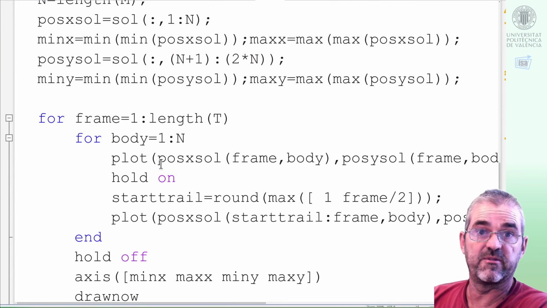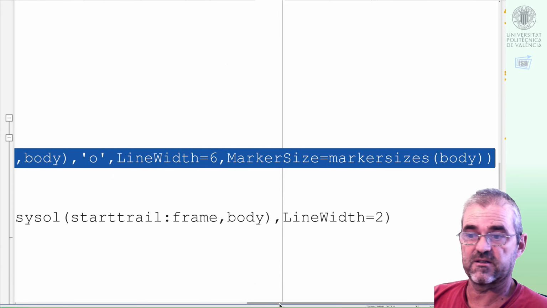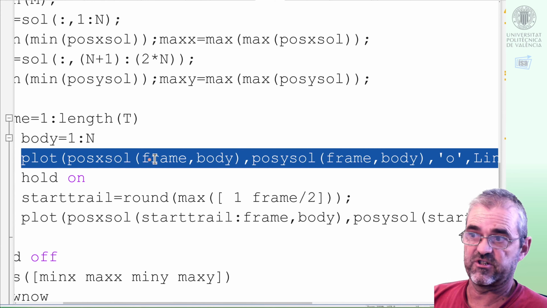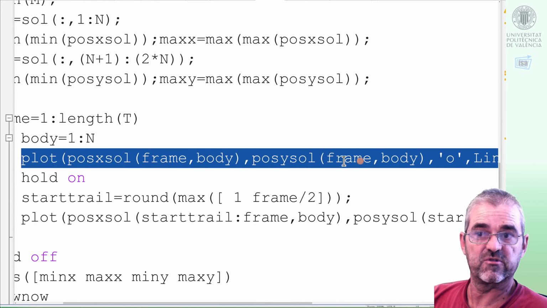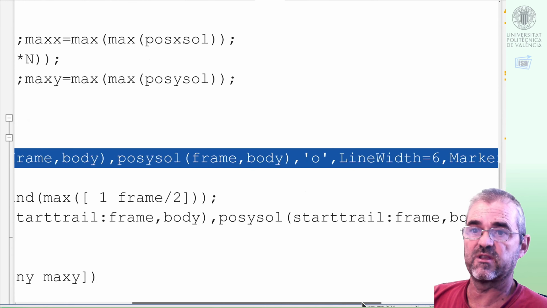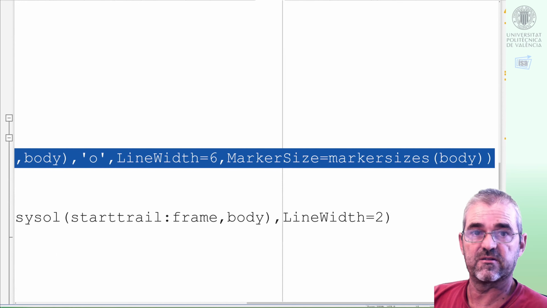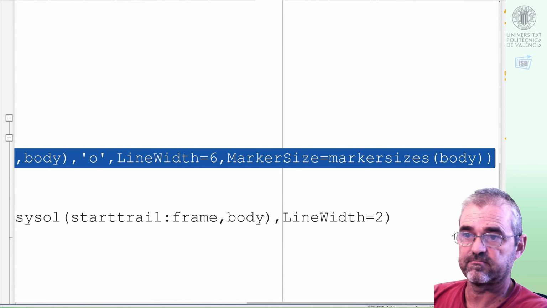Each body will be just a circle, this line, in which I put the x position at a given frame of a given body and the y position, and I draw a circle with a given line width and marker size I defined at the start of the simulation.